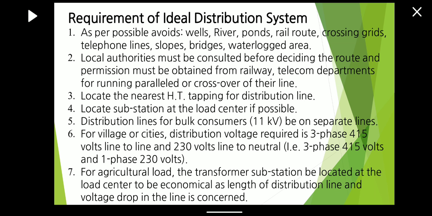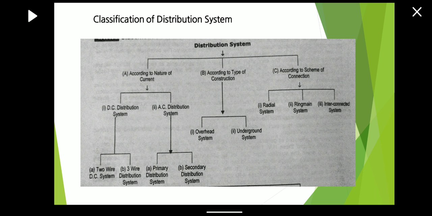Avoid excessive rock blasting. Long spans should also be avoided. Sectionalizing points should be kept as minimum as possible. So these are the requirements for the ideal distribution system.